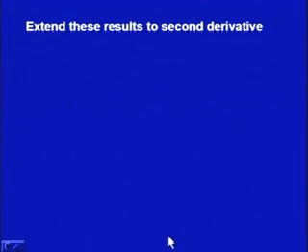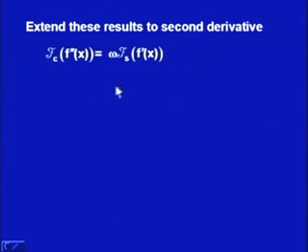Now, let us extend these results to the second derivatives. We are interested in finding the Fourier cosine transform of the second derivative of f. Use the previous formula, which says it should be omega times the Fourier sine transform of its integral, that is the first derivative f'(x), minus 2 upon pi f'(0).